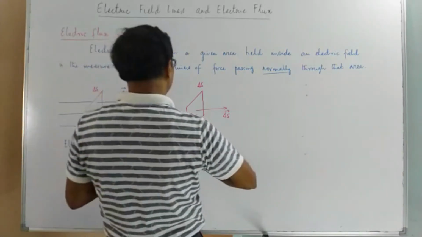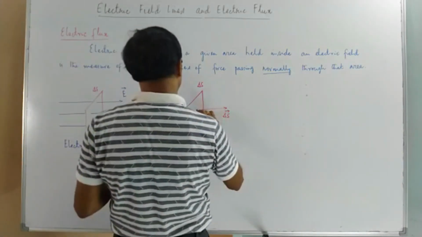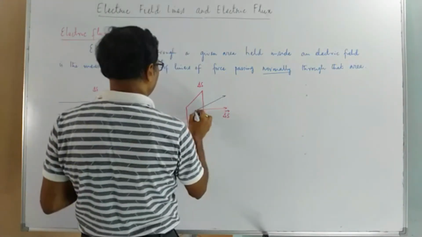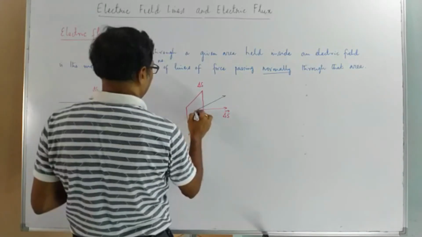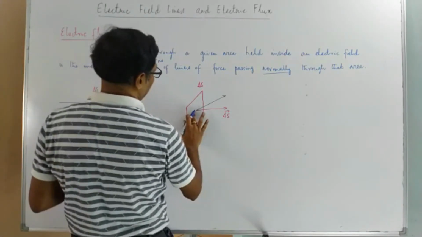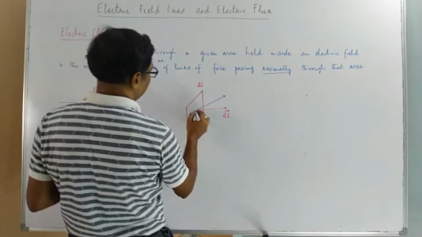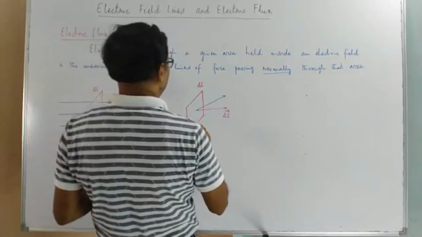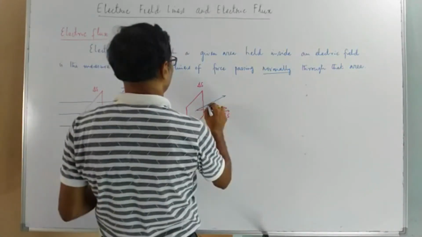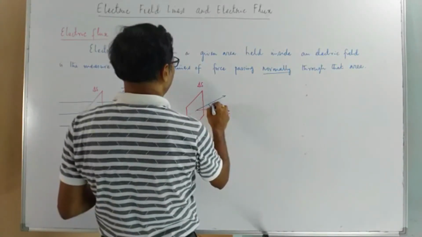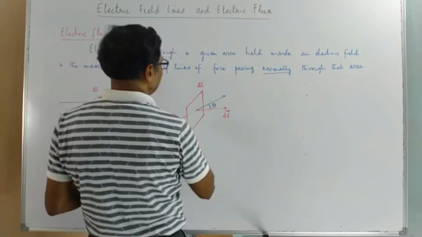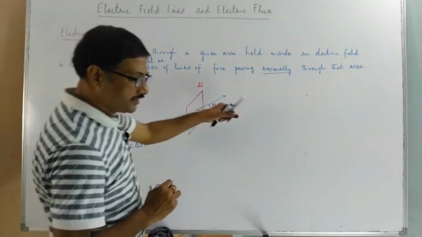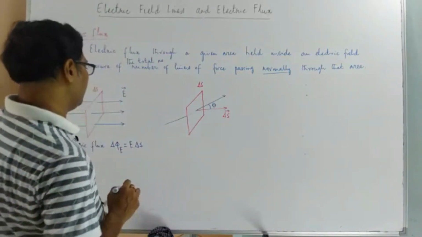Now we consider that electric lines of force are making an angle theta with this outward normal, that means with the direction of the area element.